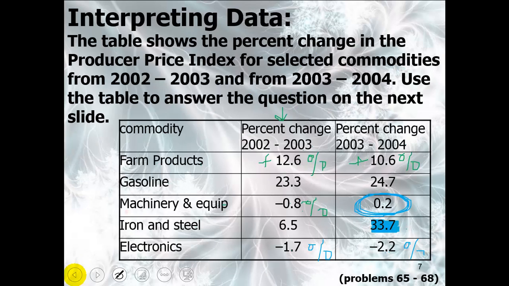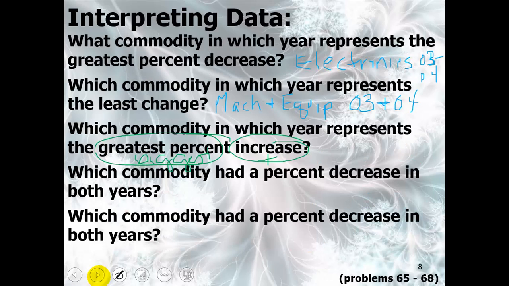Sorry, I went the wrong way. The biggest positive number. I think we identified that when we were discussing it before. 33.7. So that's iron and steel in, again, 2003 and 2004. So we're going to write iron and steel 03, 04.